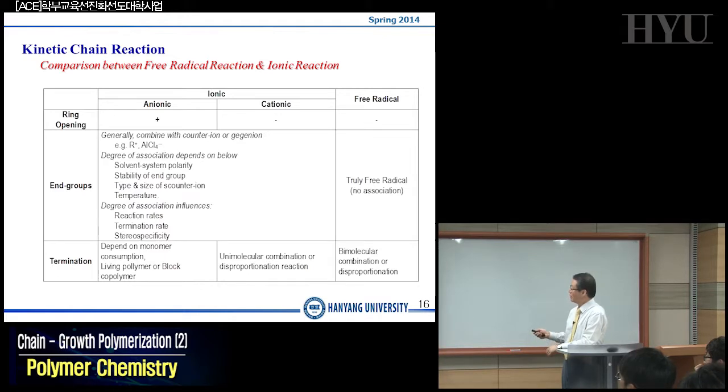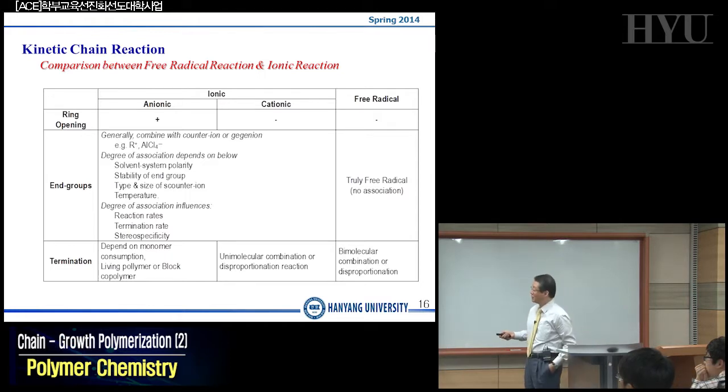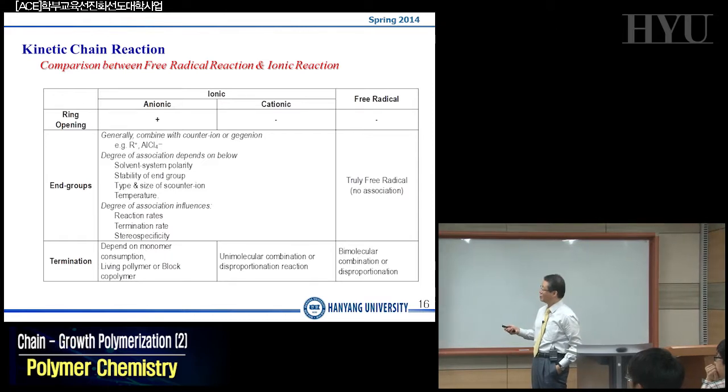In the case of free radical, this is truly a radical. In other words, you should have a radical in there. But in the case of ionic polymerization reactions, your chain end is anionic or cationic depending upon the type of reaction, and this is much more complex than free radical polymerization reactions because we are dealing with ions.